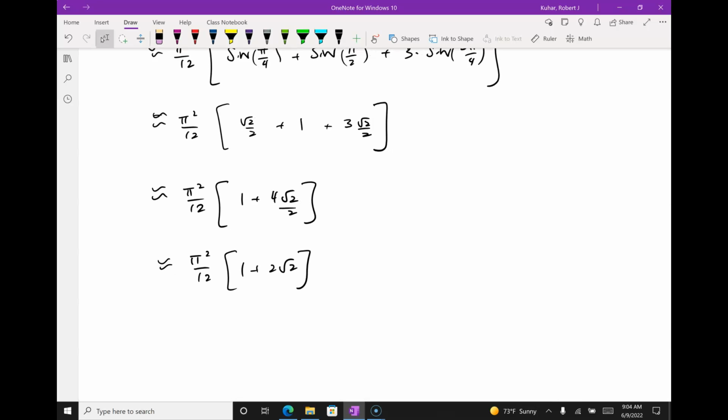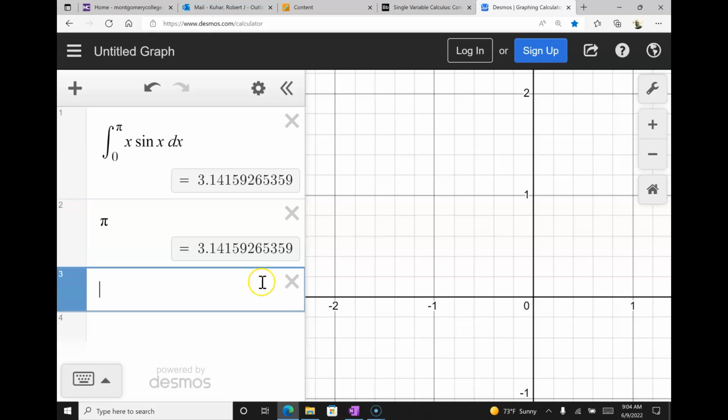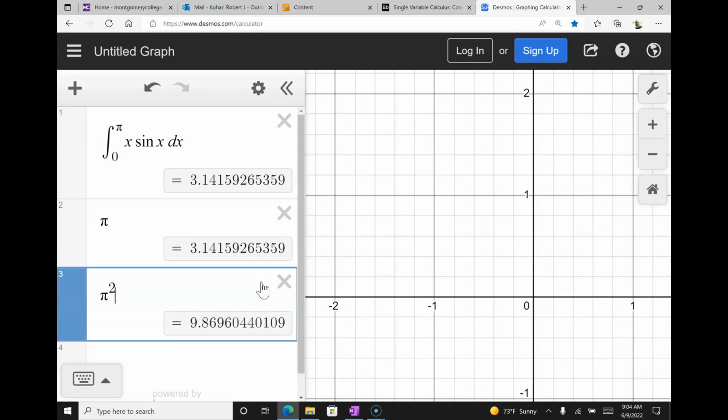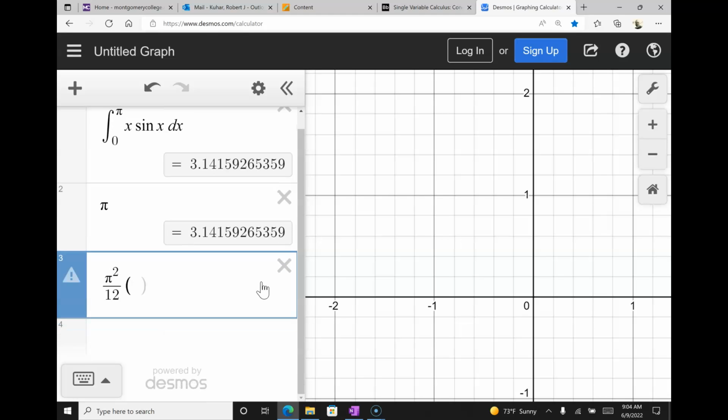Nice. Then I want to go see how good that is compared to my original function, right? Nice. Really? That's good. So pi squared over 12 times 1 plus 2 rad 2.